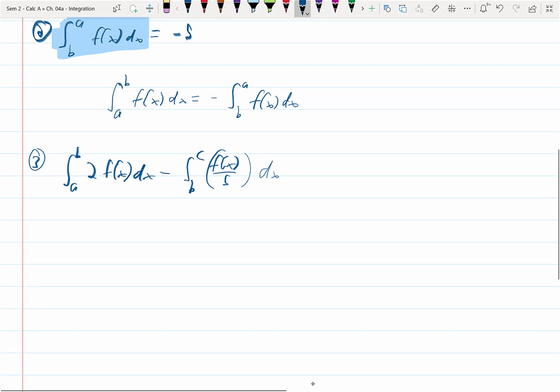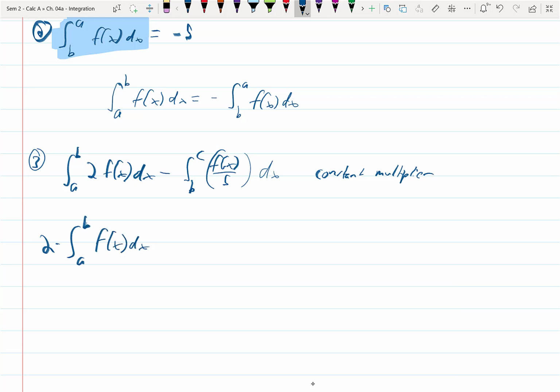What I'm actually doing is a constant multiplier rule. I'm going to write that down, the constant multiplier, which says that this is the same as 2 times the integral from a to b of f of x dx minus 1/5 times the integral from b to c of f of x dx.